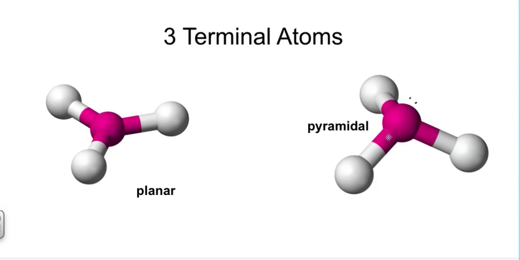We'll have one coming out of the paper because it's a 3D structure, and this will be that triangle shape. And then if it's going back into the paper, then it's that dashed line. And again, there's just a lone pair of electrons on top, which is what's pushing these electrons in these bonds down. So instead of having this shape over here where they're exactly in the same plane, this is pyramidal. It makes a little pyramid because these electrons here are pushing down.